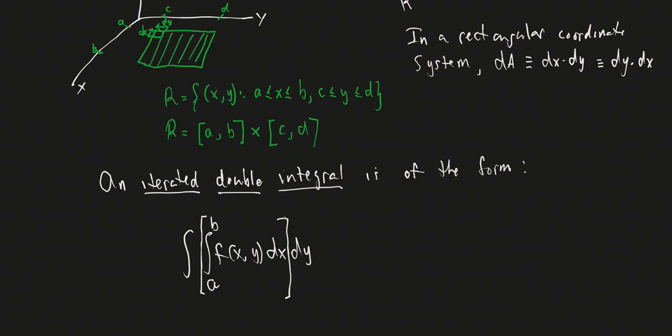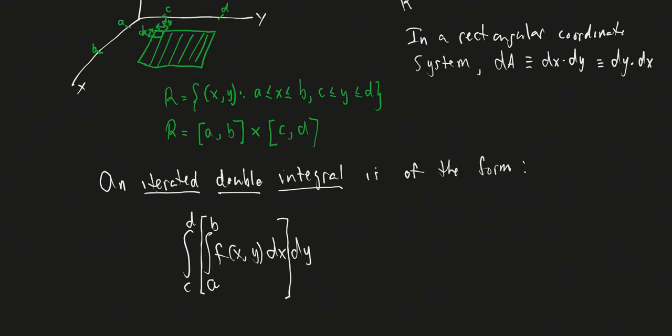And then let's say after I figure out a way how to compute this, if I then take the limits for y, the c and d, and put them right here, right? So these outer limits, c to d, correspond to my outer differential, and then the inner limits correspond to the inner differential. So this is one example of an iterated integral.